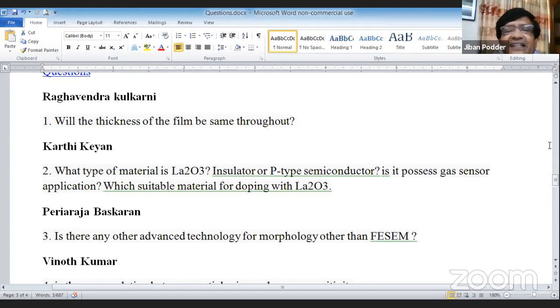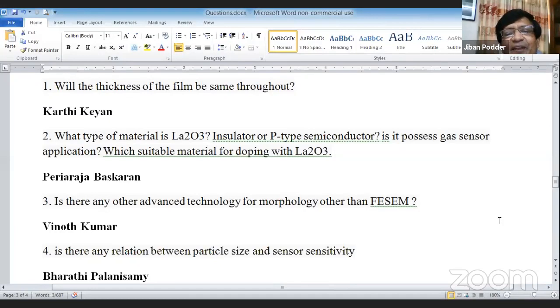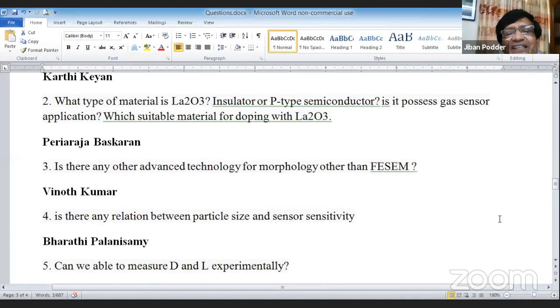Again, the second question: what type of material is lanthanum oxide, insulator, p-type or semiconductor? It is possible for application. Lanthanum oxide is also being used, and it is a suitable material for doping. This rare earth metal oxide is an insulator.